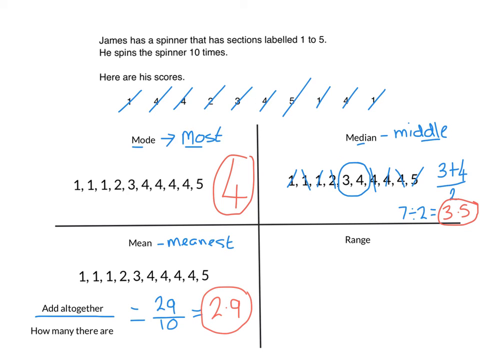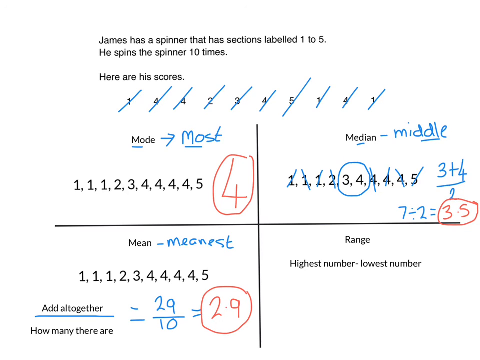So the range, that's our last average, is the highest number take away the lowest number. So our highest in the list, so it does help if you've ordered them.